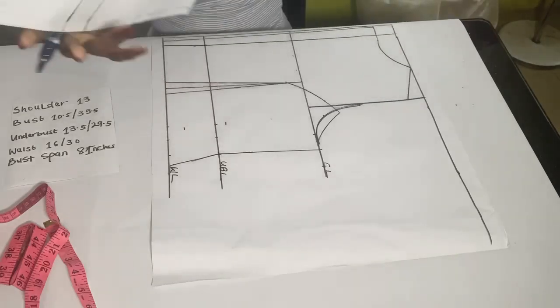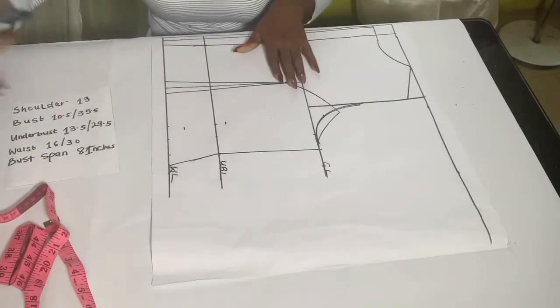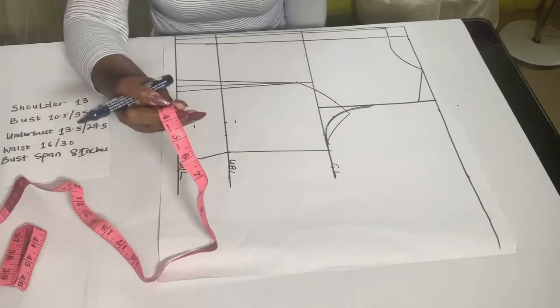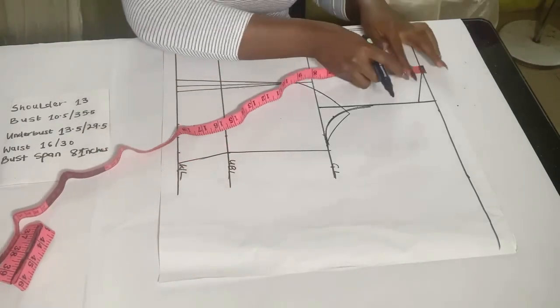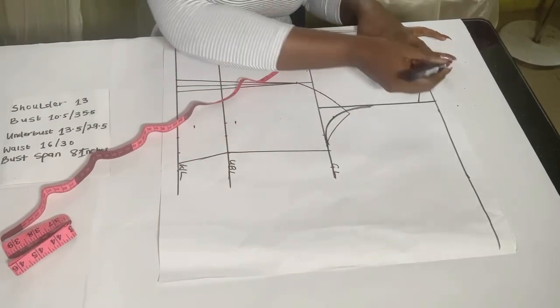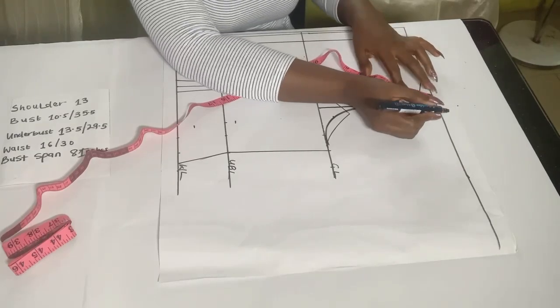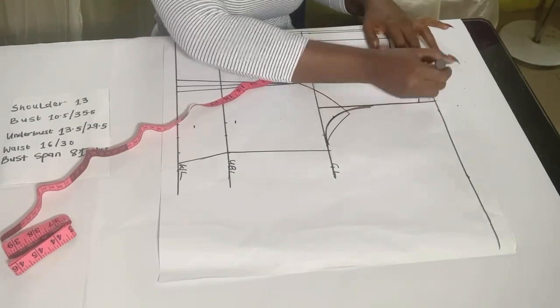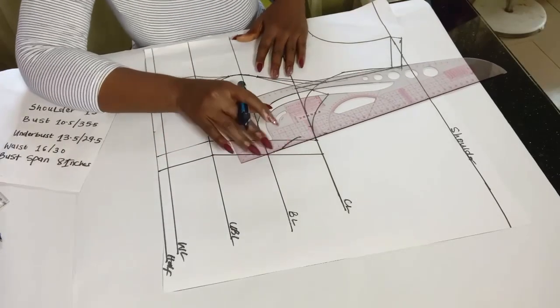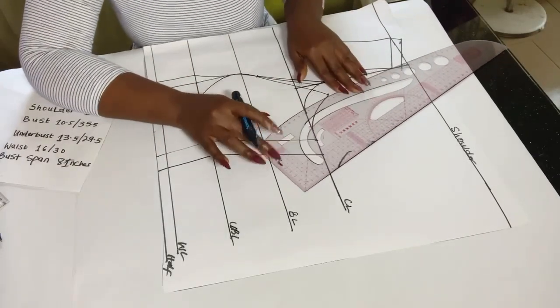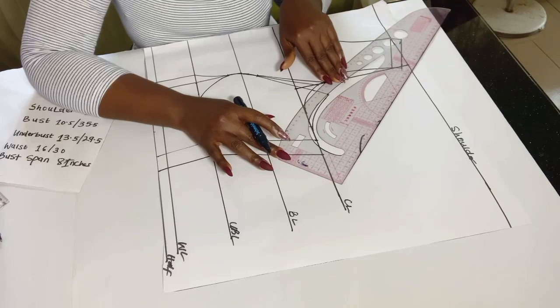Okay, so now we are going to be cutting out our pattern. Then don't forget, for the back, let's add our shoulder allowance. Okay, then take your 1/2 inch. So before cutting it out, I'm going to redraw this part here.